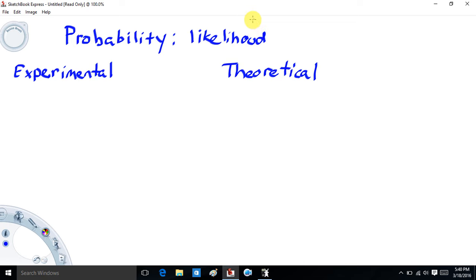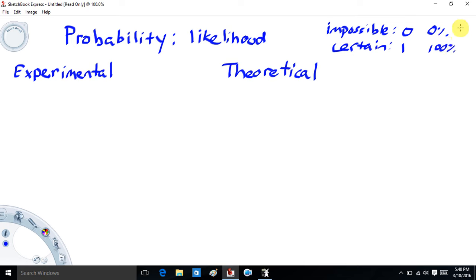So the probability of an impossible event is 0, and a certain event is 1. Okay, so we can express these also as percentages, 0%, 100%.